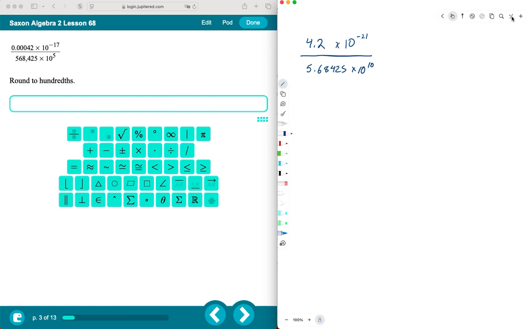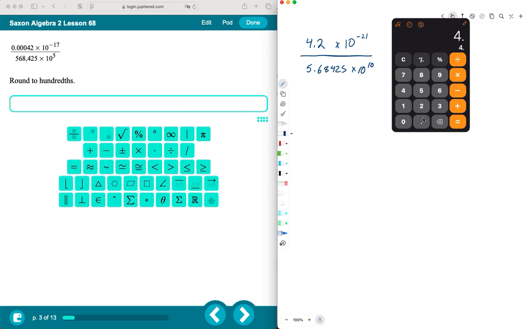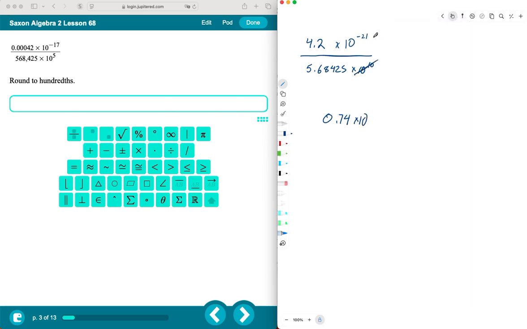All right, so we're going to divide. 4.2 divided by 5.68425. That's going to be 0.7388. We round it to hundredths. I would make this 0.74. So 0.74 times 10. Let's figure out what that is. That'd be a -10.